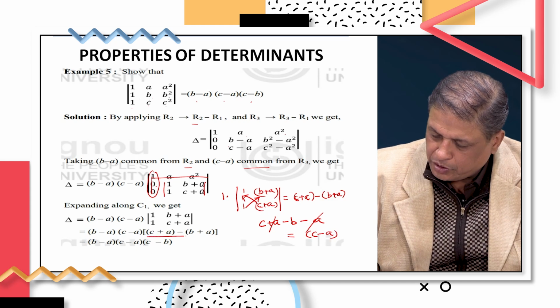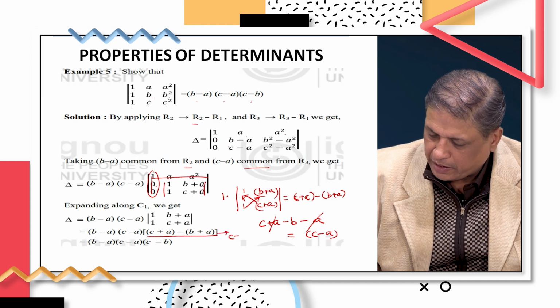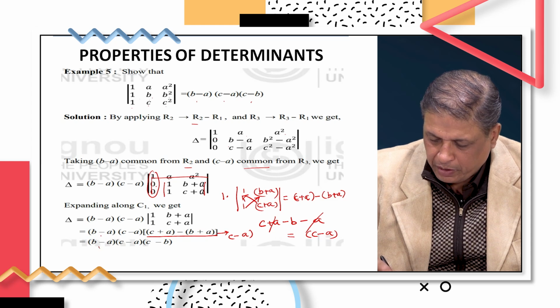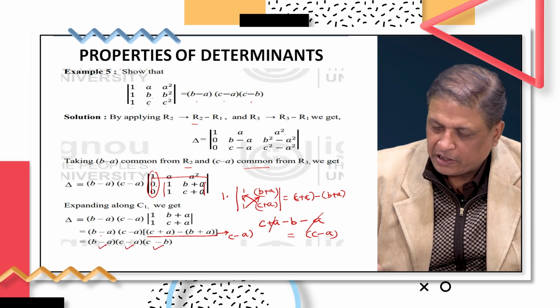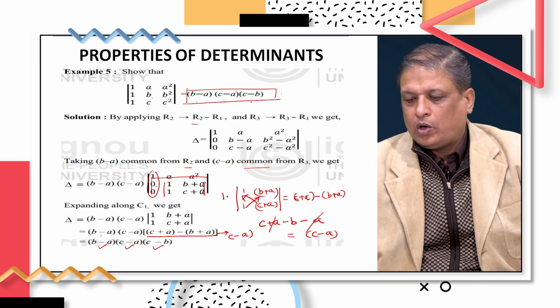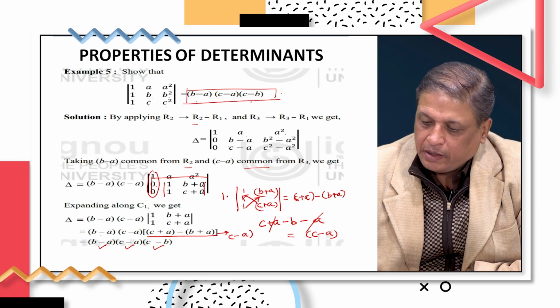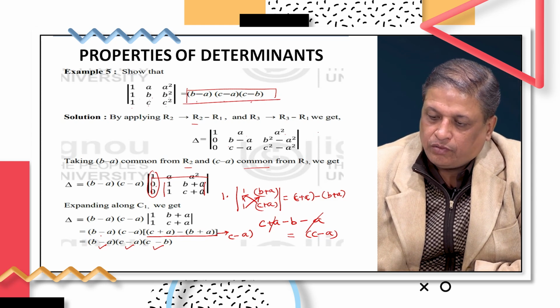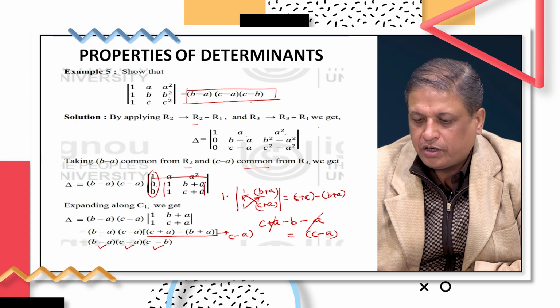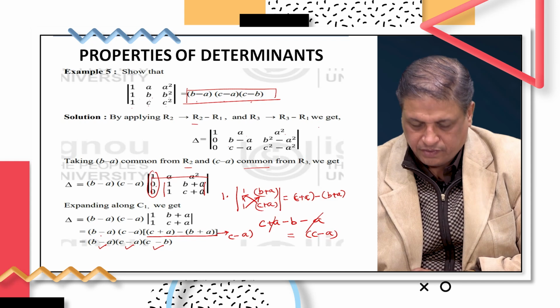If we substitute this value, the resulting value will be b minus a, c minus a, c minus b, and that was required to be proved. I hope you are able to understand that by applying the properties of determinants, we can solve determinants in an efficient and easy manner.